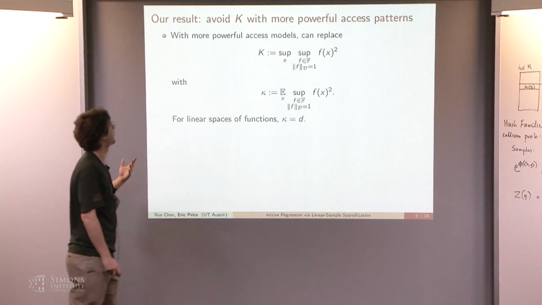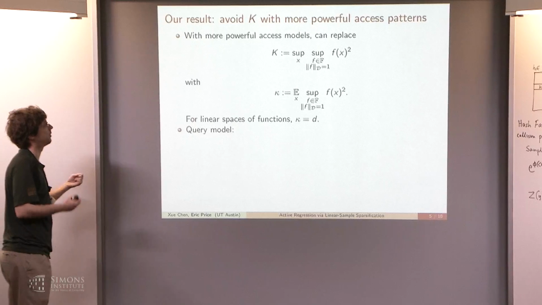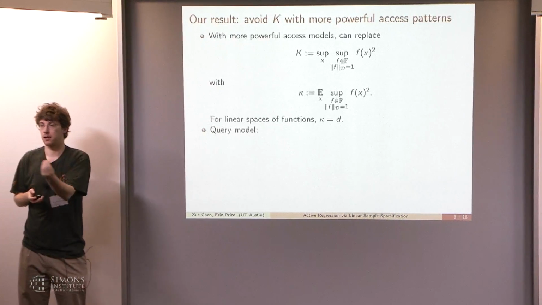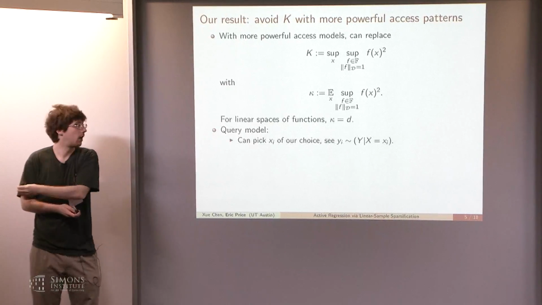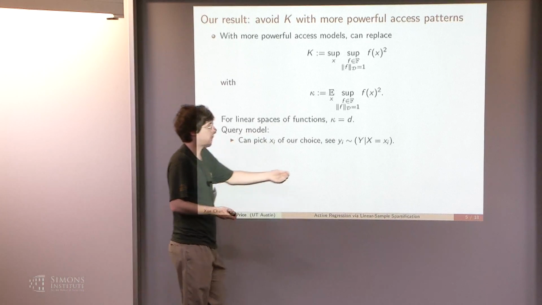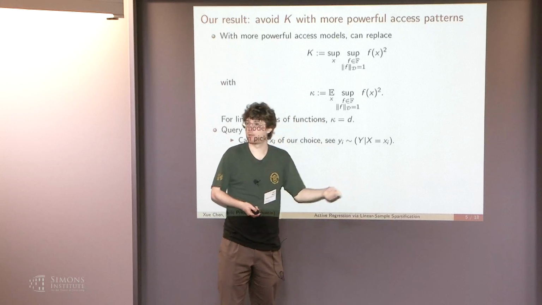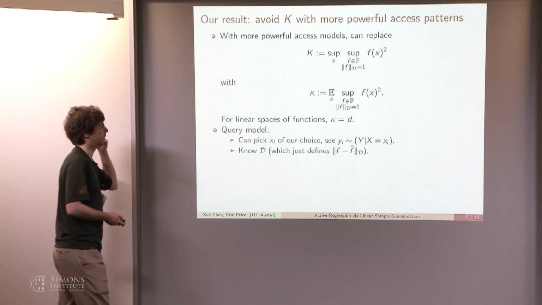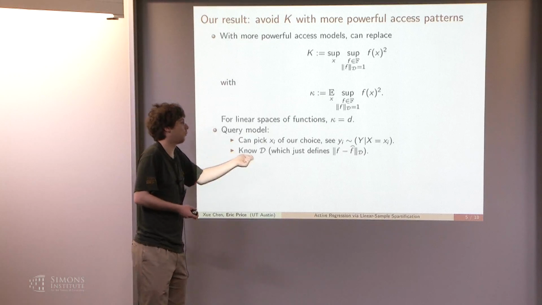And then in the query model, which is where you can choose your x's of your choice, you're going to see yi drawn from the distribution for a given x. Then where does the distribution come in?